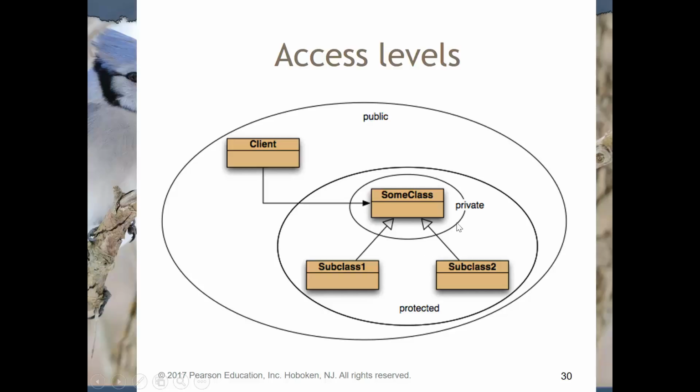Private is all the way up here at the top, and only things that are in this class can see things that are private. Protected honors the inheritance tree, and then public is for anything, anywhere to gain access to it. There's actually more to this, but it's beyond the scope of this lecture. But if you look at packages, the rules are similar, and there's some additional information you might need to know.